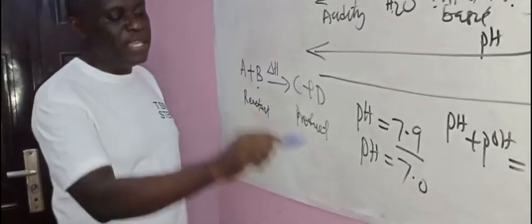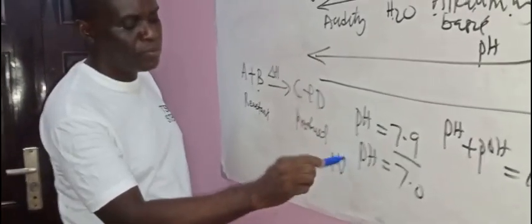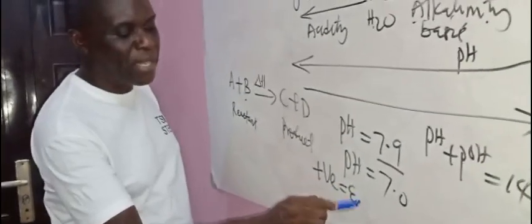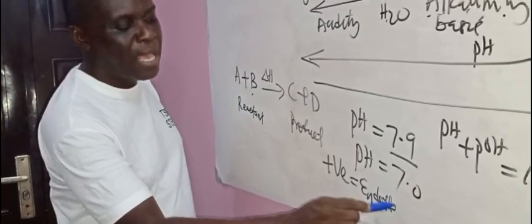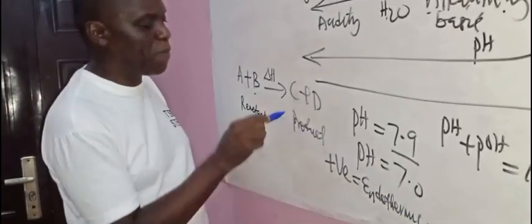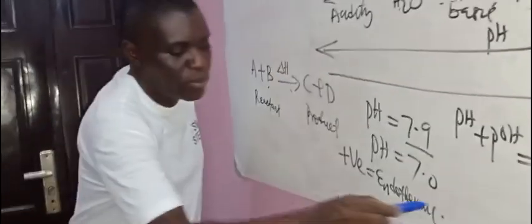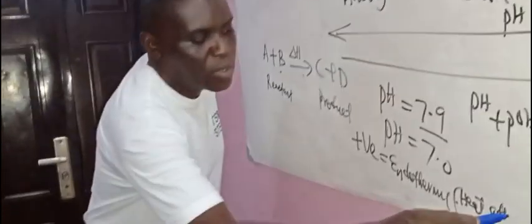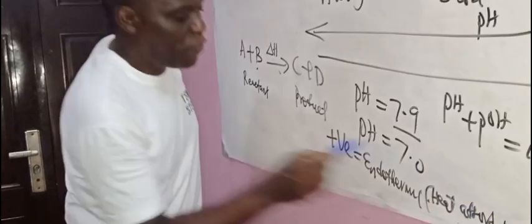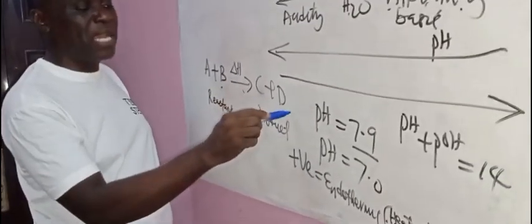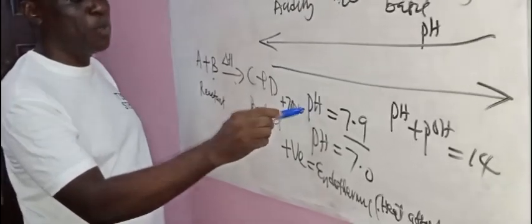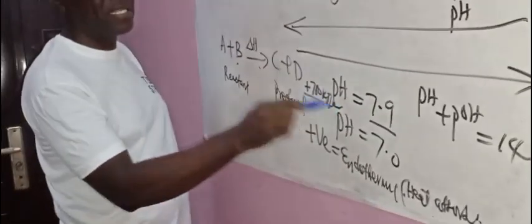Now, if the heat change is positive, it is called endothermic. And what? It means that for this reaction to take place, heat is absorbed. Absorbed. So if you see an equation and they write maybe plus 780 kilojoule per mole, know that it is what?